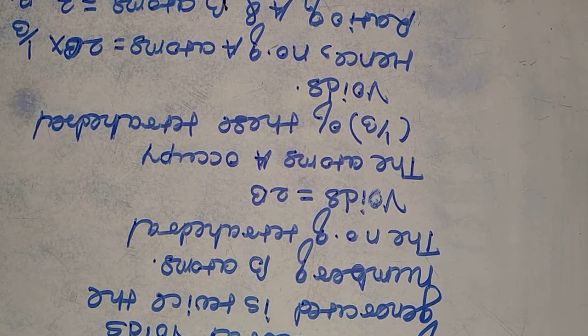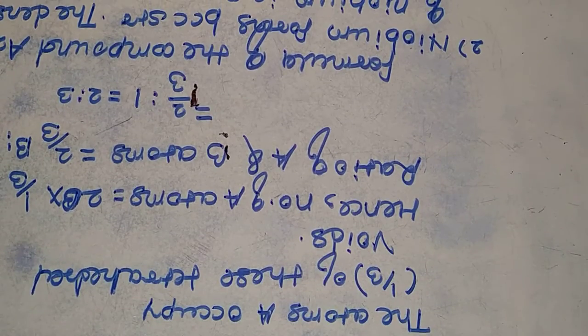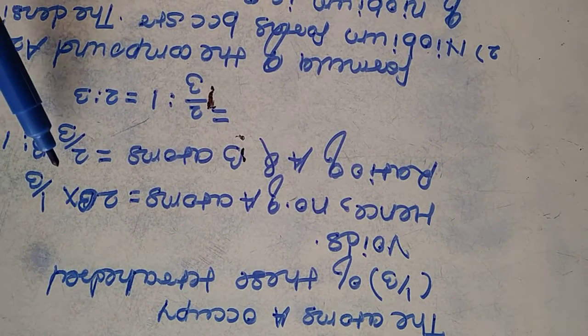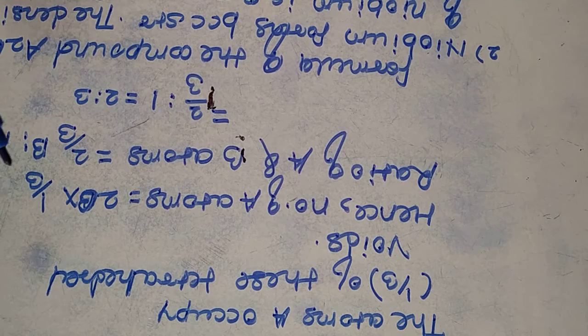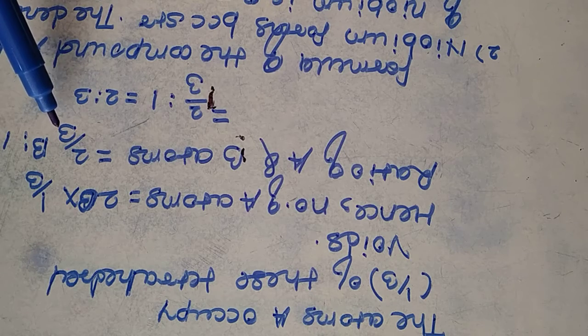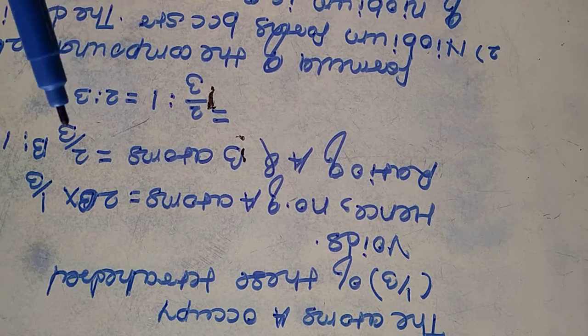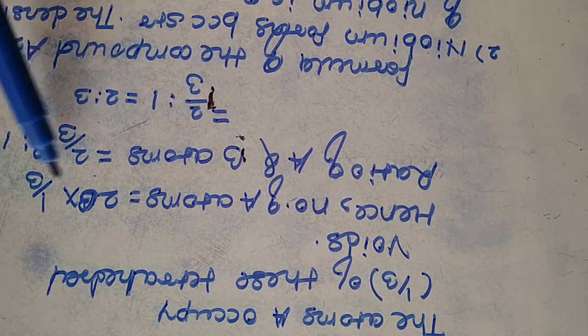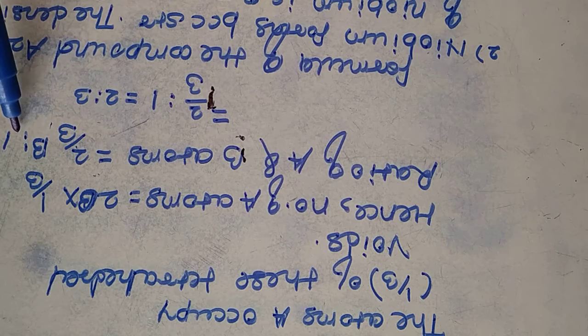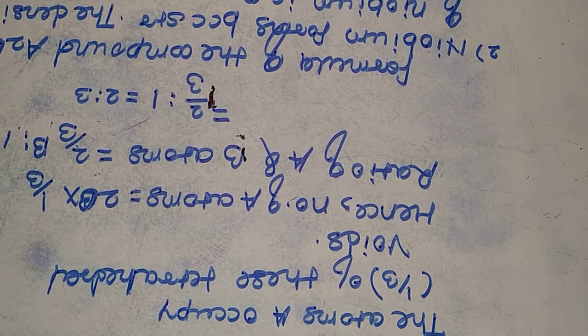Hence the number of A atoms is equal to what? Number of A atoms is equal to 2B into 1/3. Ratio of A and B atoms is equal to 2/3B to 1B.